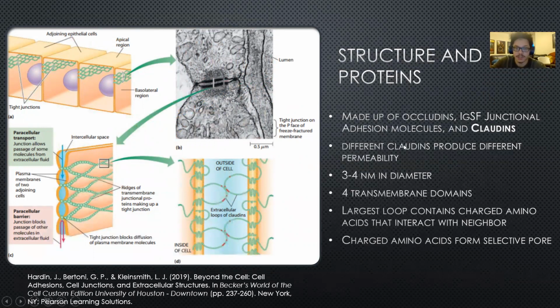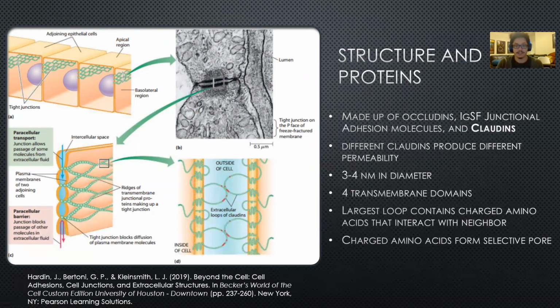Now, claudin proteins have these 4 transmembrane domains, including this large loop right here. And in this large loop are charged amino acids that interact with the charged amino acids of the claudin loop in the adjacent cell.